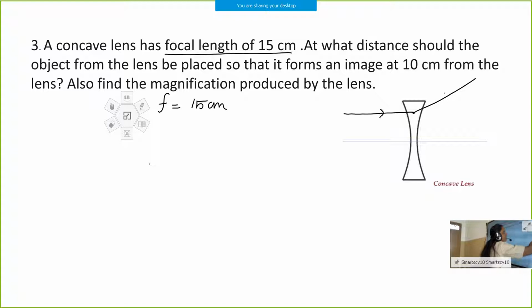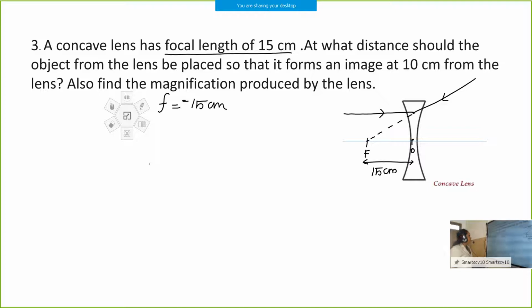This ray appears to come from a point on the principal axis, and that is known as the principal focus, and that point is on the left hand side itself. The distance from the focus to the optical center is known as the focal length, and that distance is given as 15 centimeter, and since it is on the left hand side, we can take it as negative. Okay children, so the focal length of a concave lens is negative.